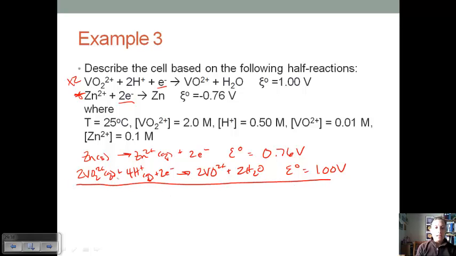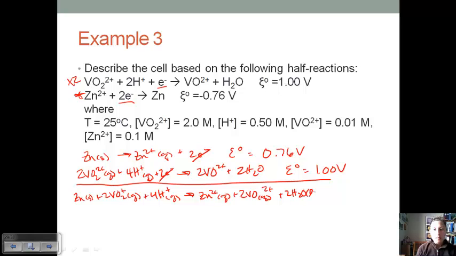So now if we add all these together, our electrons are going to cancel. We've got solid zinc, 2 VO2 plus, 4 H plus, that's aqueous, going to the zinc 2 plus ion, 2 VO 2 plus, and 2 water. And so our cell potential is 1.76 volts.